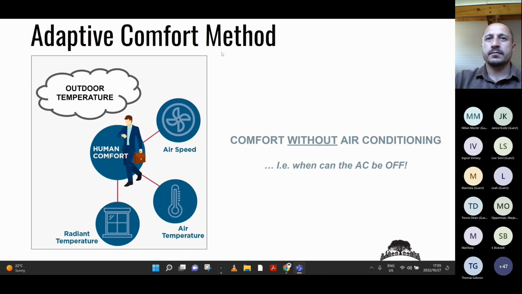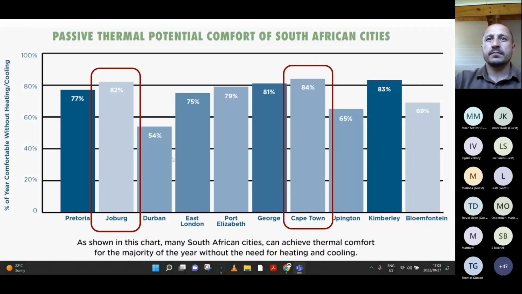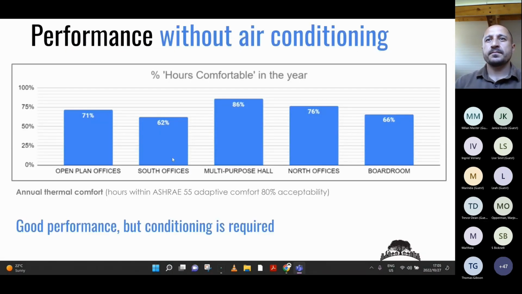But now it might be that an organization would have to say, listen, we've always required people to be at work in a suit and tie, but if we allowed them to wear a short-sleeved shirt and not have to wear a tie, the increase in thermal comfort means that we're going to get that last little bit there.